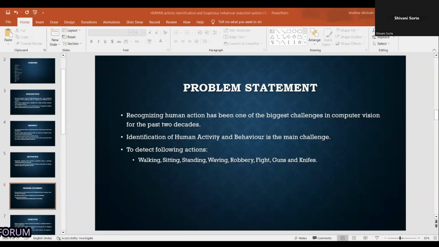We compare that data set with the live camera using the OpenCV module, in which we will be able to match in real time all the data points of the person performing the activity, and through that we will be able to find out precisely the activity performed by the person. So keeping all the features together on the data set points and body points, we will be able to do it, sir.